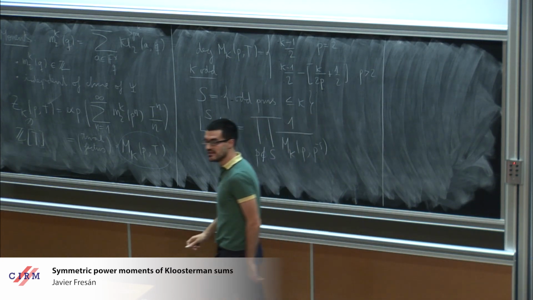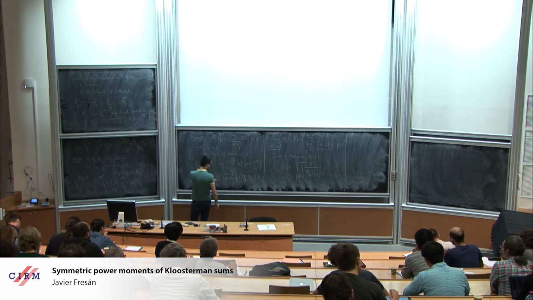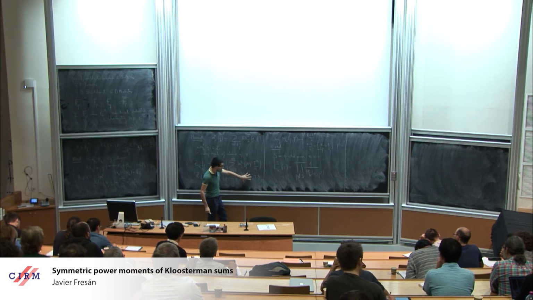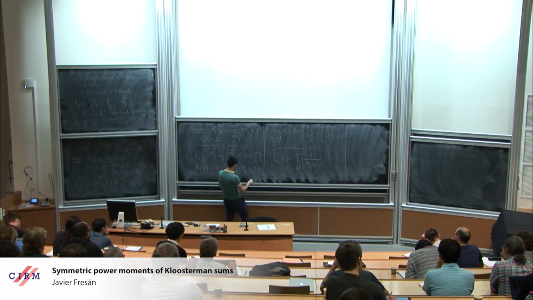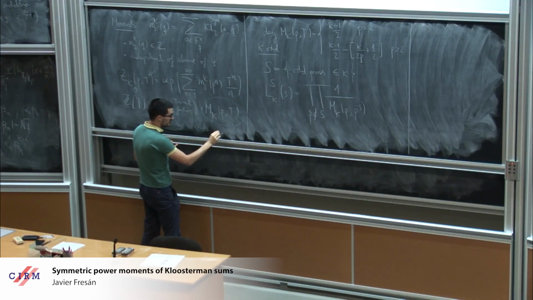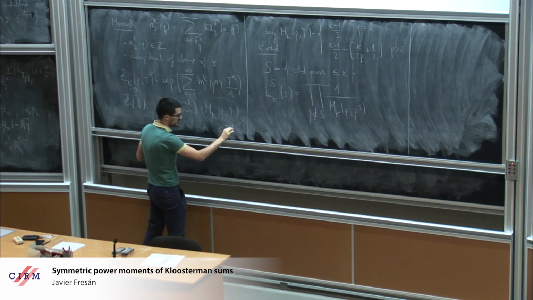One of the advantages of removing these trivial factors is that the reciprocal roots of this polynomial all have the same absolute value. So once you do this, the roots have absolute value p to the minus (k+1)/2.